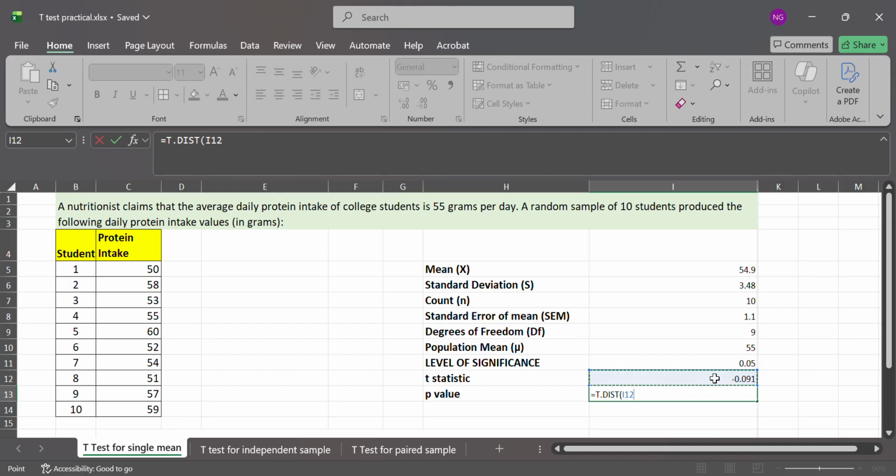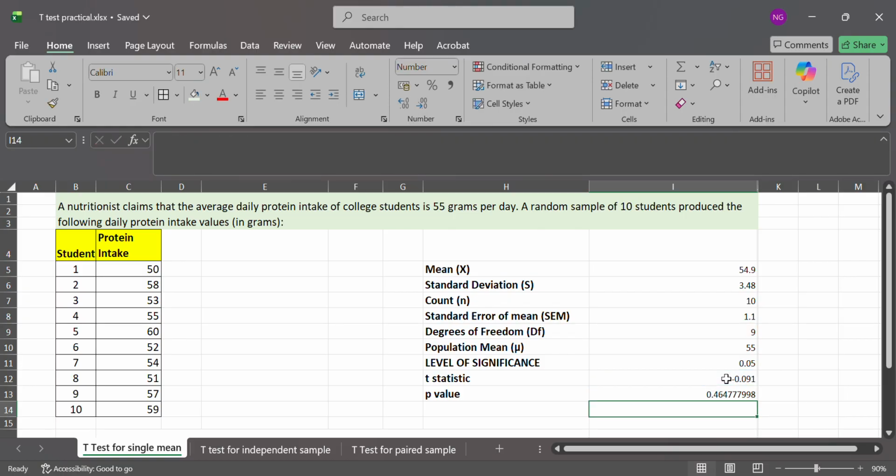Here the x is my calculated T value, my degrees of freedom is this, and I'm performing a two-tailed test. So I'll write 2, bracket close and enter, and again I'm going to make it to 2 decimal places. So my p calculated is 0.46.